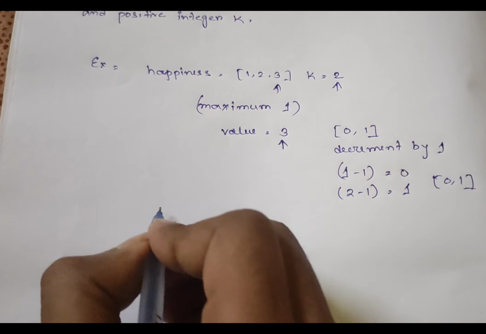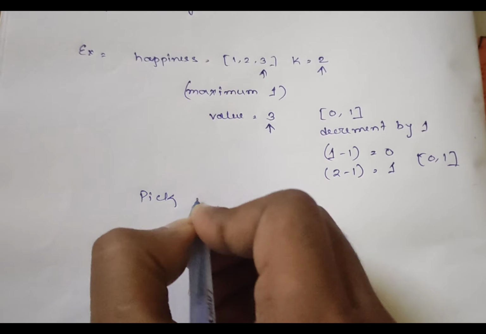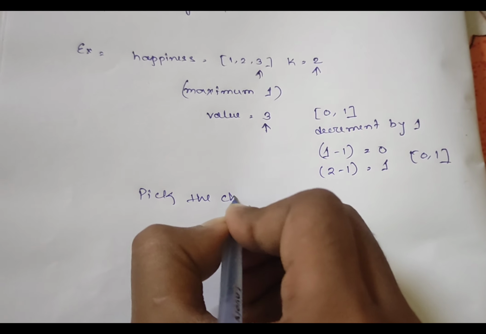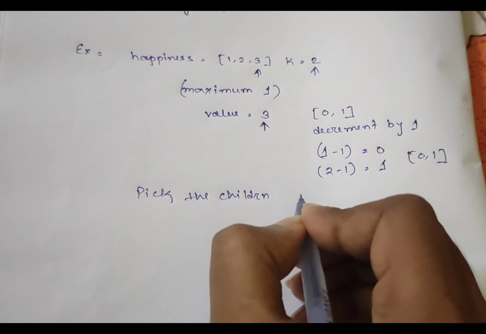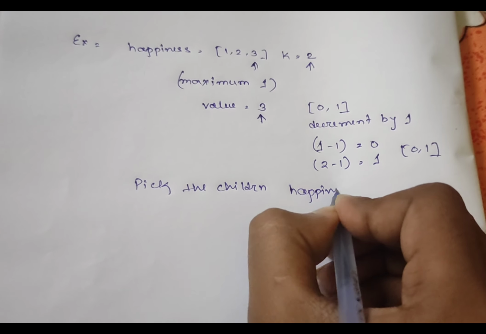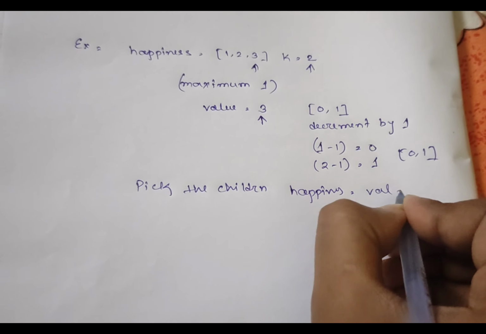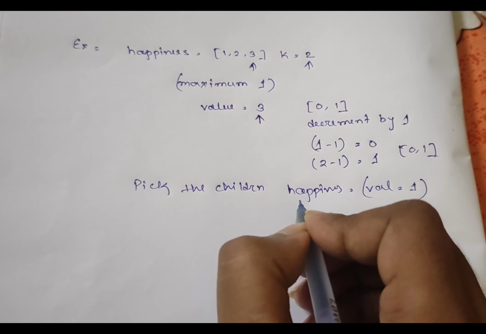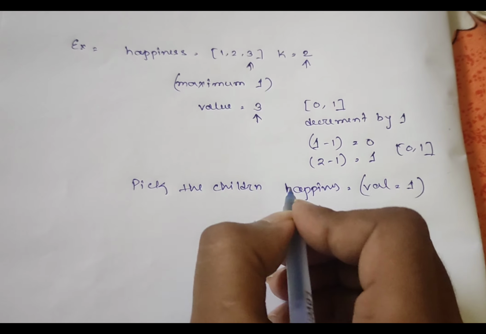Now pick the child with the happiness value of 1, because you have to pick the maximum value.